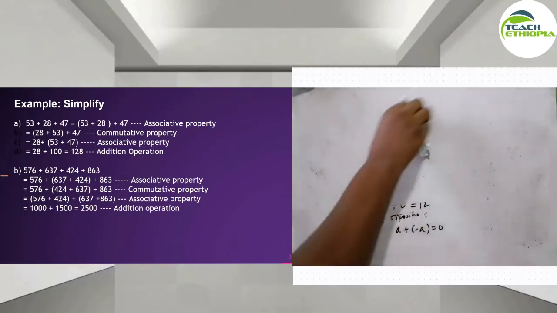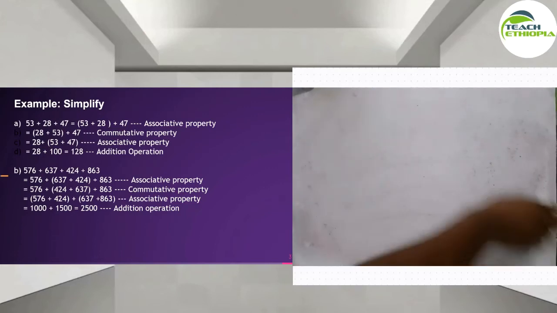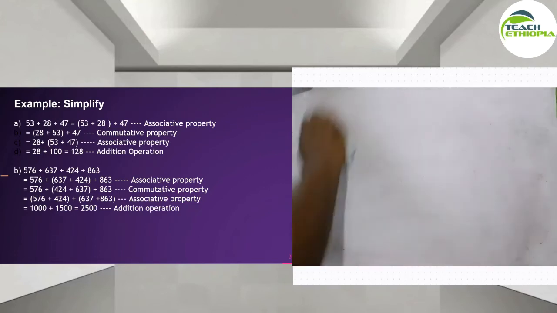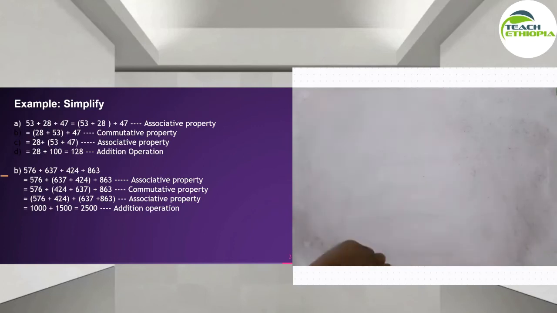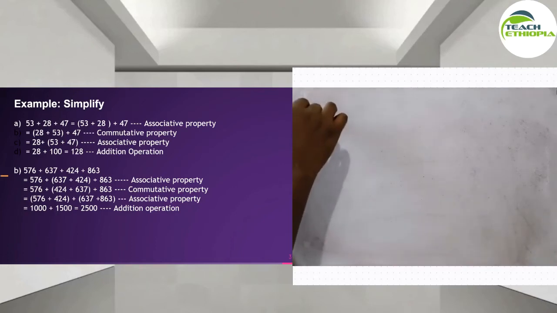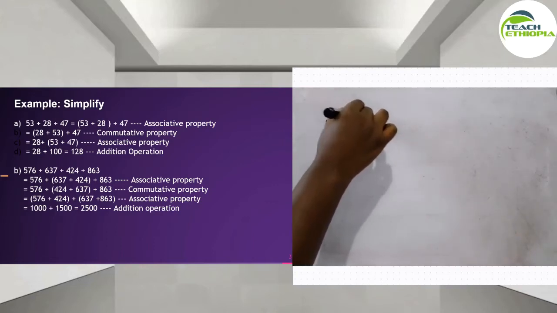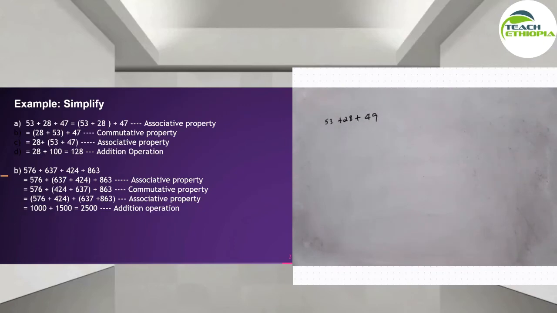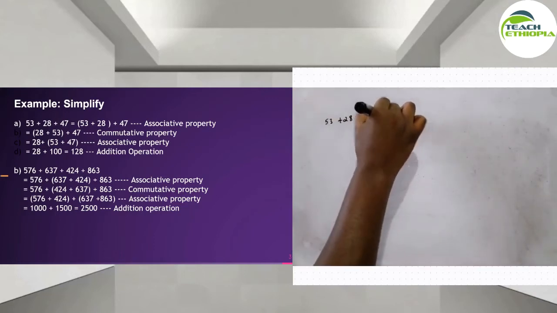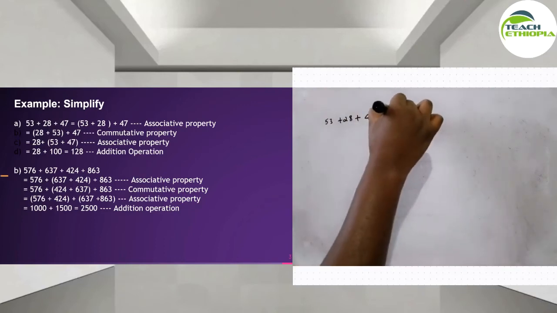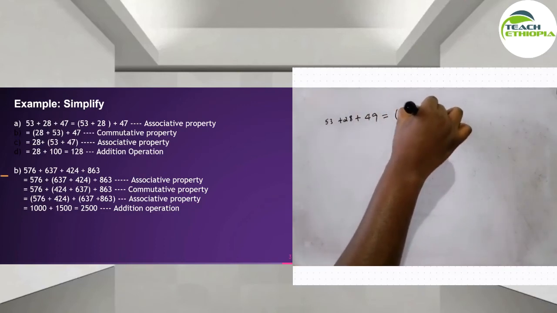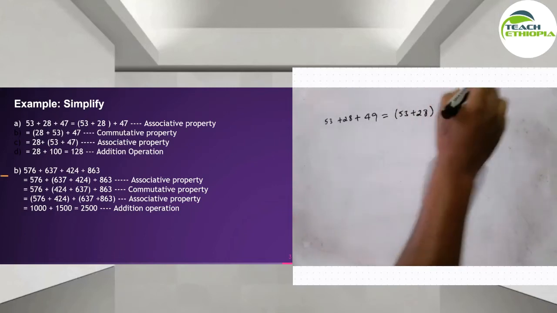ሶ አሁን ያየናቸውን አዲሽን ኮሚታቲቭ ፕሮፐርቲ እና አሶሲዬቲቭ ፕሮፐርቲ እስቲ ቴስት እናድርጋቸው። ሶ 53 plus 28 plus 49 እንዴት አድርገን ወደ አሶሲዬቲቭ ፕሮፐርቲ ኮሚታቲቭ ፕሮፐርቲ ቴስት እናድርግ። ሶ የመጀመሪያው አሶሲዬቲቭ ፕሮፐርቲውን ቼክ ስናደርገው like 53 plus 28 plus 49 this is associative property, right?